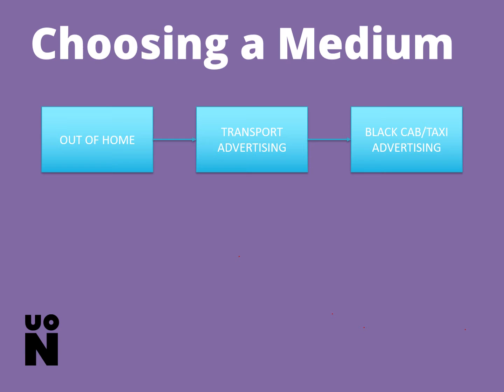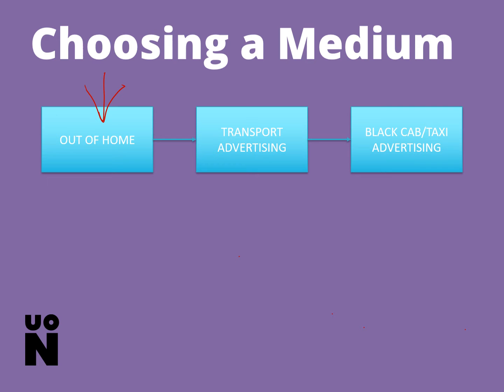So advertising media tends to come in at different levels. There's usually a top level or a category level here. So for example, if we were thinking about the advertising that you see on a taxi cab, that is quite niche, quite specific.